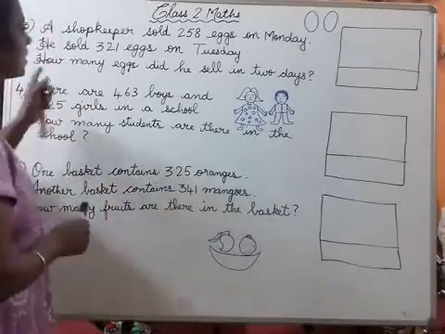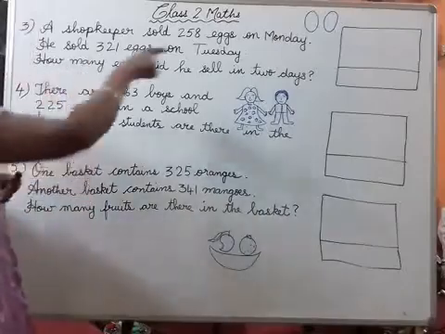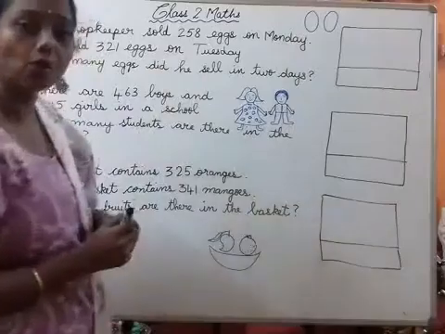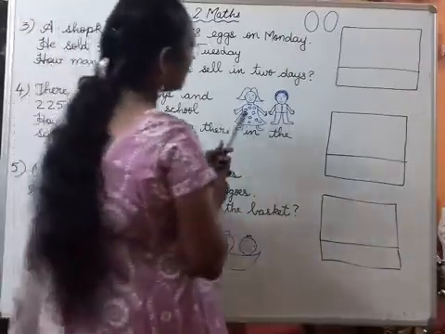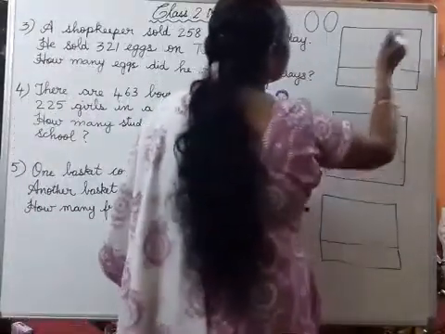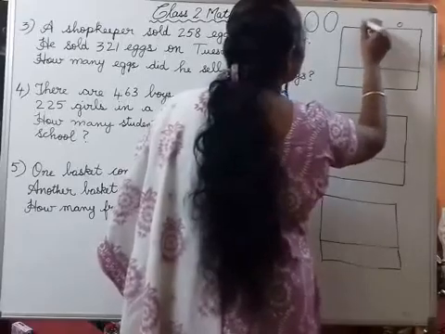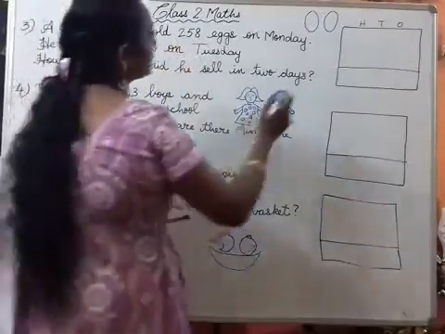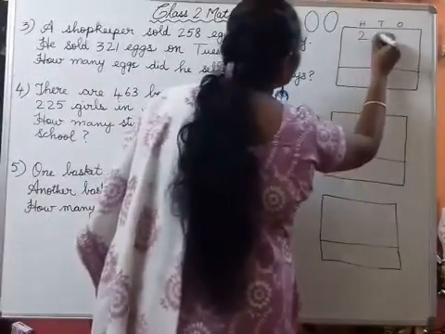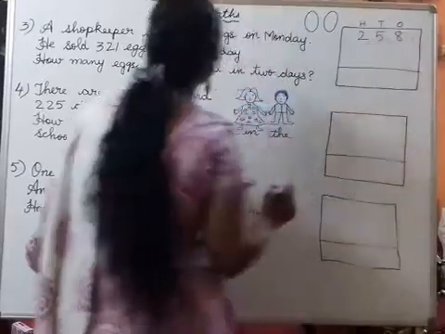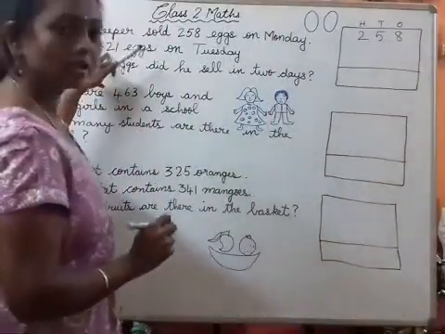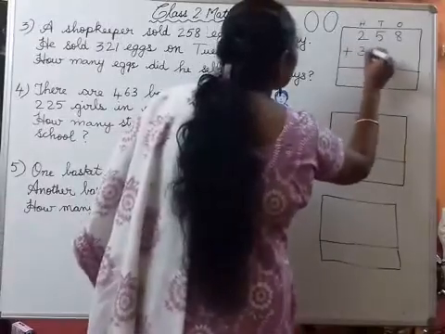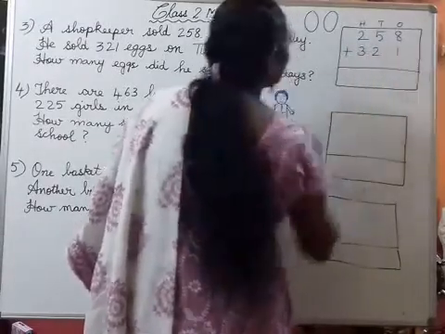So first we will write that. Solution. A shopkeeper sold 258 eggs on Monday. First we have to write ones, tens, hundreds. After that we will write 258 eggs. Monday के दिन कितनी eggs है? 258 eggs. And Tuesday he sold 321 eggs. Plus 321 eggs.